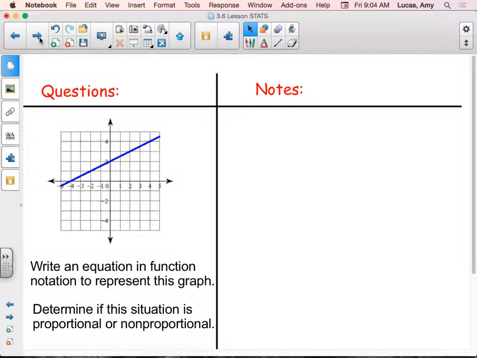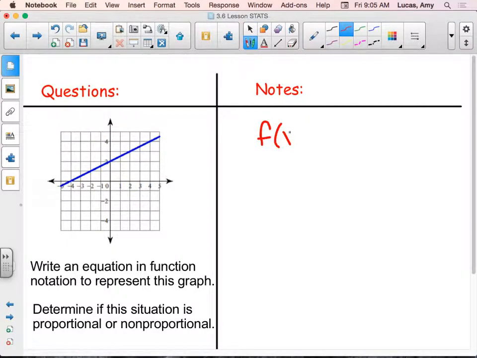Okay, now we have some review. We need to write an equation in function notation. So f of x equals mx plus b, where we have our slope and our intercept. And then our new information is to say whether or not it is proportional. So the slope of this line, I need 2 good points to use.